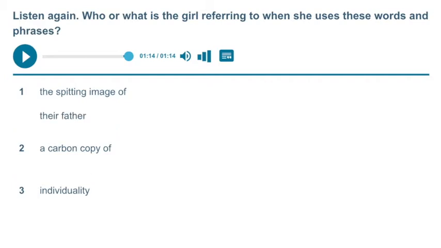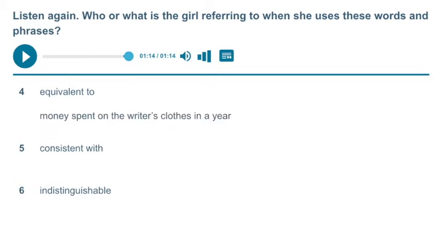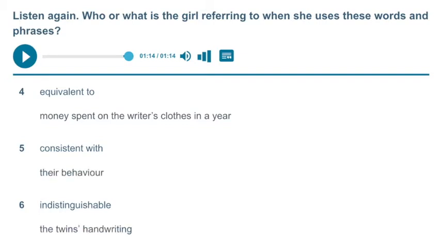So, the spitting image of their father, a carbon copy of their mother. The twins show their own individuality, so it refers to the twins. Then equivalent to, it refers to the money spent on the writer's clothes in a year, consistent with their behavior, and then the twins' handwriting is indistinguishable.